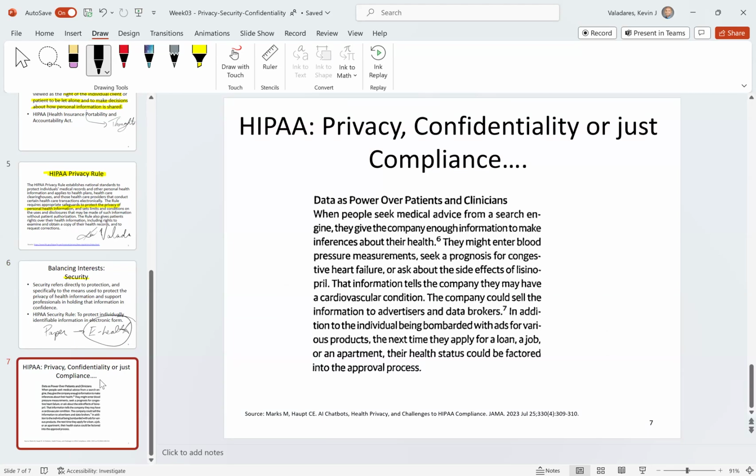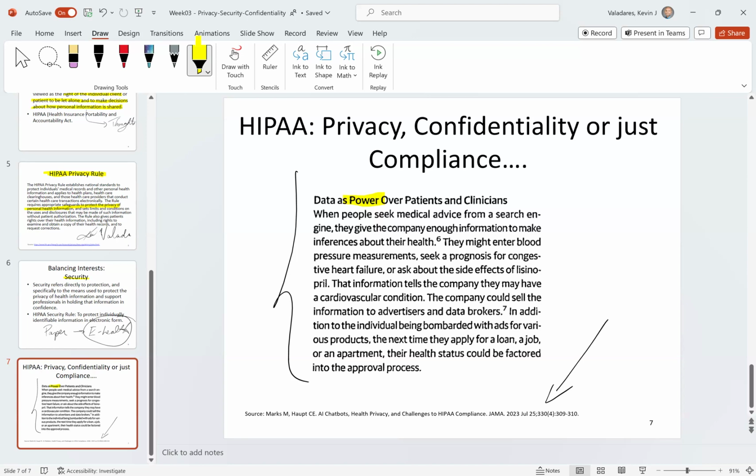I promise you a little bit of a shorter YouTube video here. Let me summarize everything in terms of sharing this information. First of all, this is a screenshot of the JAMA article that all of you have access to. And a key aspect of this is related to the notion of information, data as power.